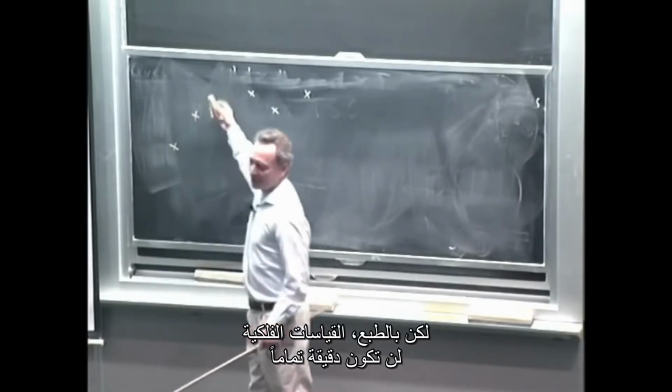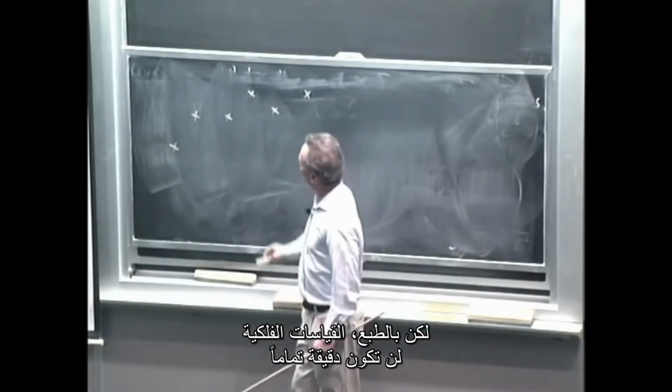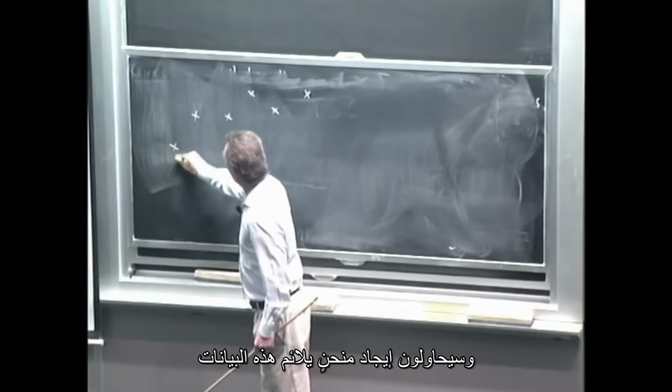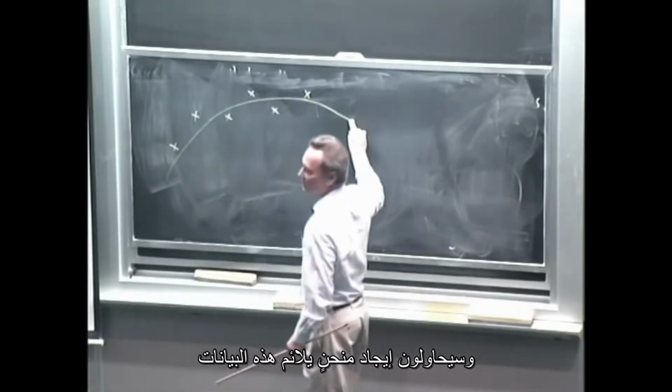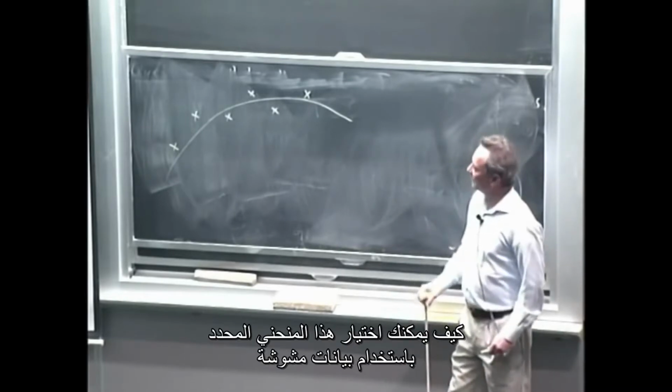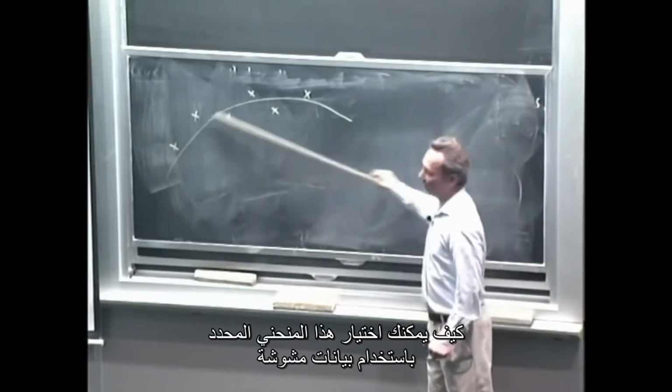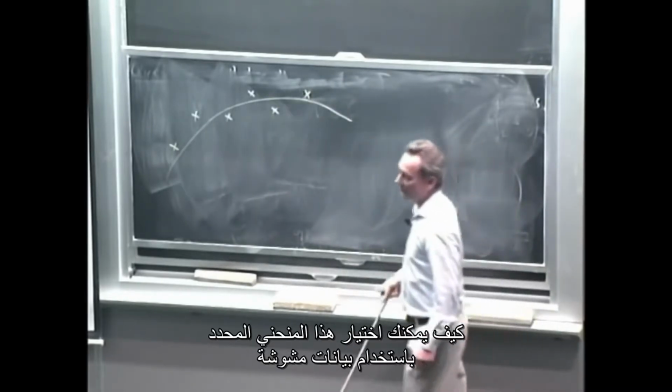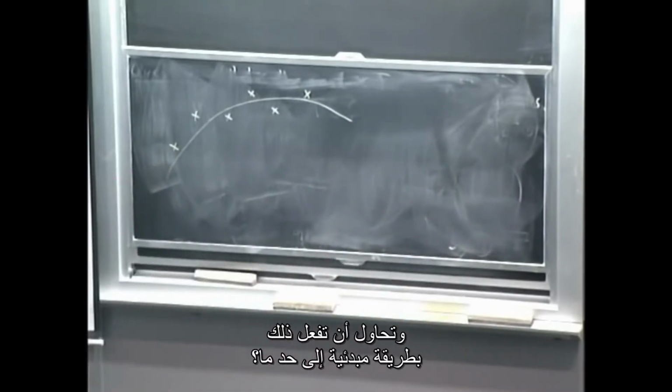But of course, astronomical measurements would not be perfectly exact, and they would try to find a curve that fits these data. How do you go about choosing this particular curve on the basis of noisy data and try to do it in a somewhat principled way?